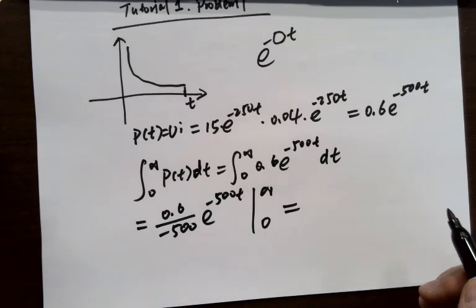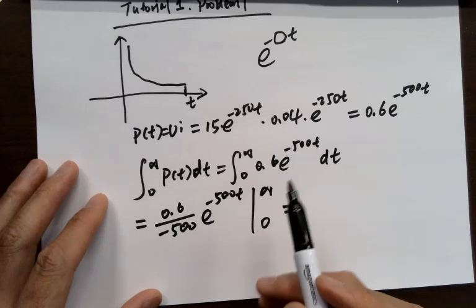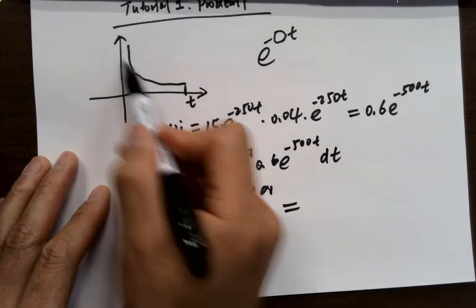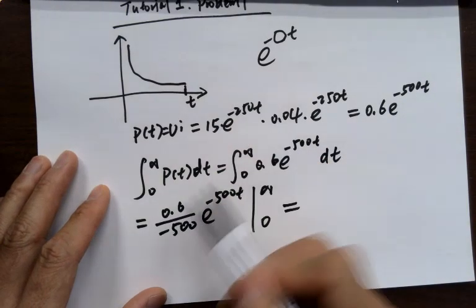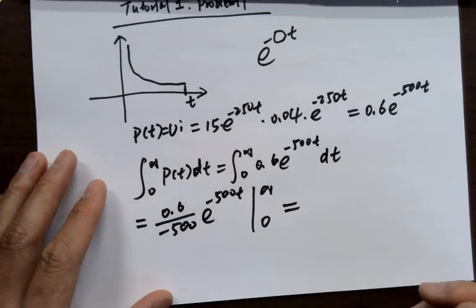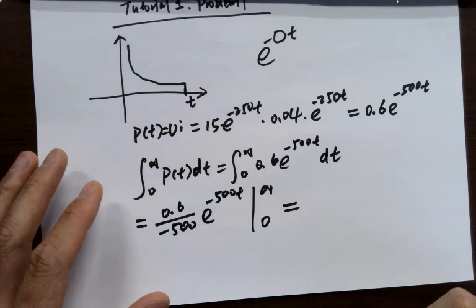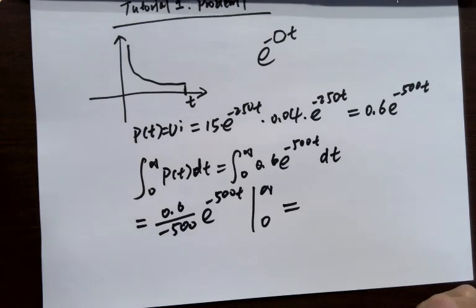Wait, is that right? No, this is actually, yeah. Because it's approaching 0, this is actually 0, right? Did I calculate it wrong?